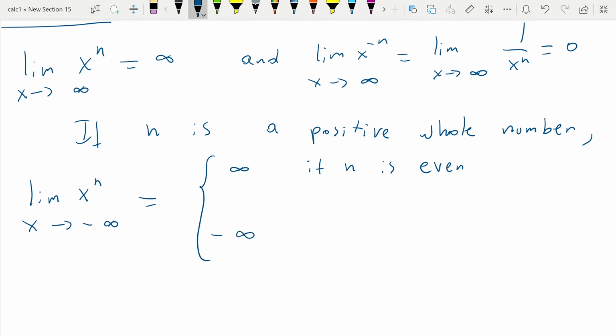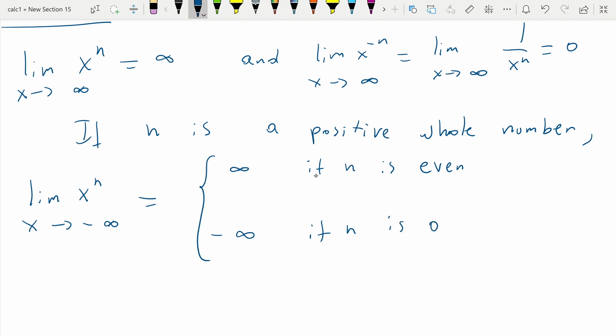But if it's odd, then x cubed, for instance, goes to minus infinity. Also, x to the 1, which is equal to x. If x goes to minus infinity, then x, of course, goes to minus infinity. x to the 1 goes to minus infinity.